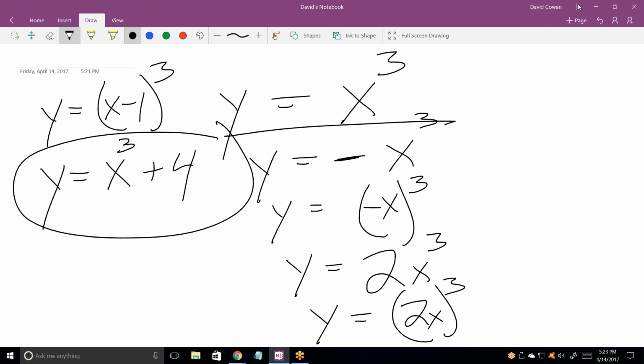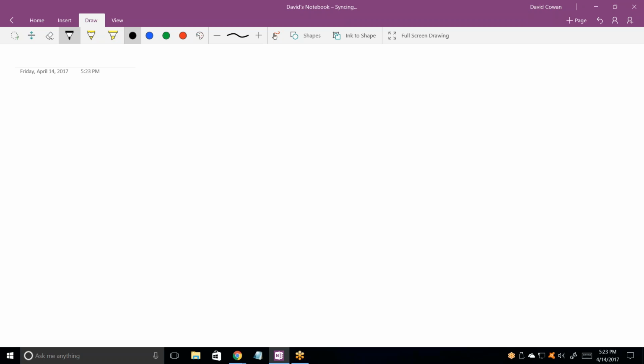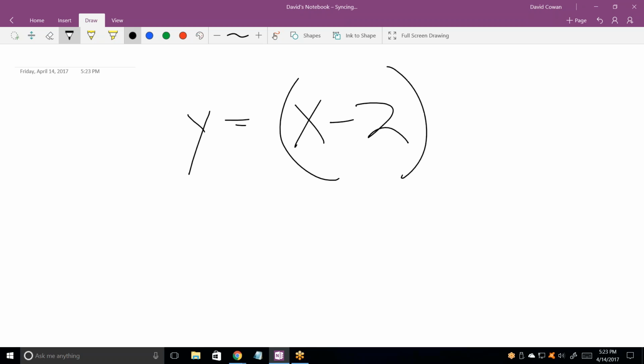In other words, if they give you a function that's been shifted, and been stretched, and been vertically shifted, I can combine them all. Well, what's going on here?